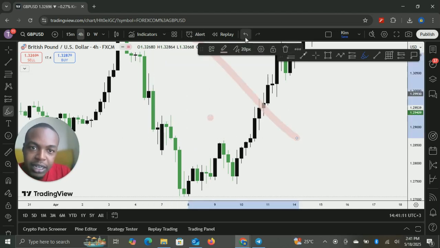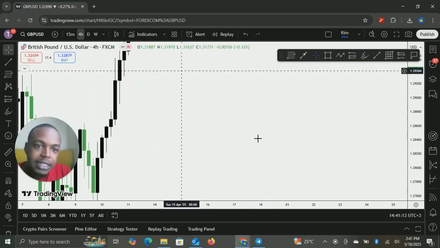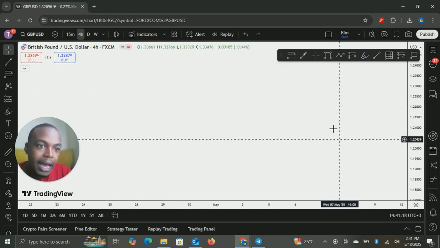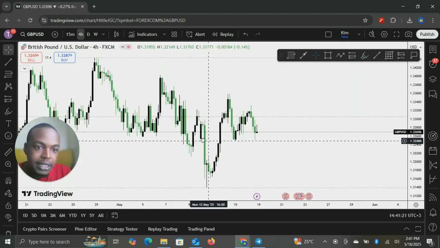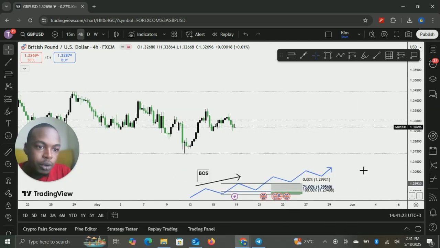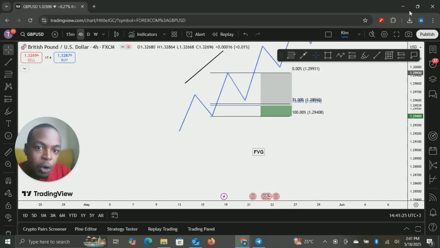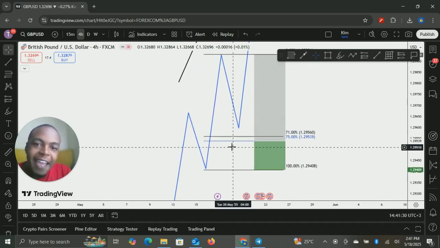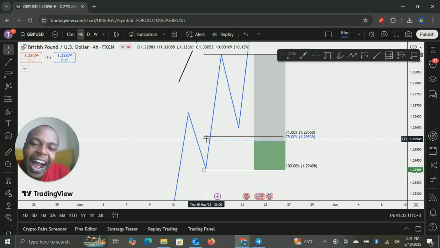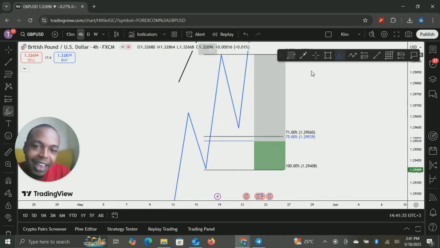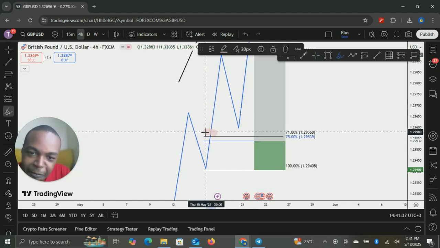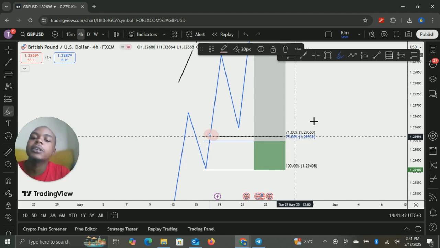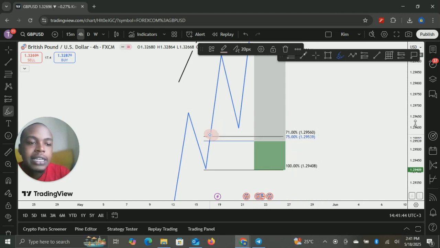So remember, we said that we trade at the 71%. That is where we get our entries. Okay, guys, at the 71% is where we are going to get our entries. So at this 71% zone, if my fib will not be touching a fair value gap, understand that, I will not take that trade.